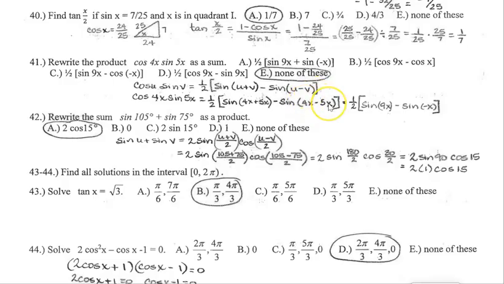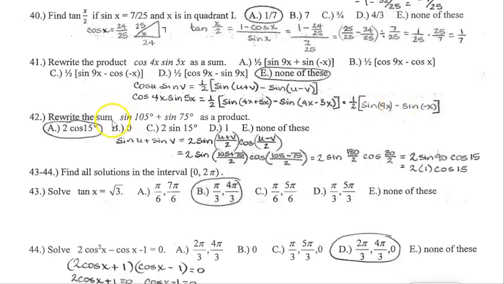So that's going to give me sine 9x and then sine negative x. Now, remember that you cannot combine these in any way. So this literally is my answer. So none of those matched up here, because this one was the closest one. It was a plus instead of a minus.